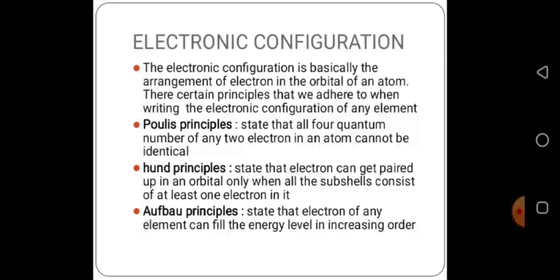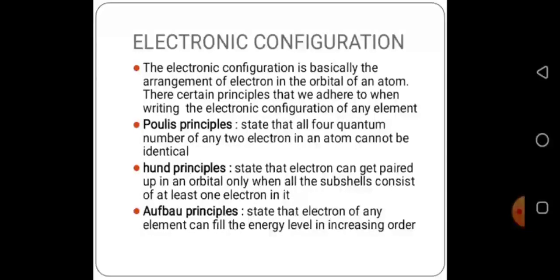while the p orbital accommodates 6 electrons. We have 2px, 2py, and 2pz. So 2px accommodates 2, py accommodates 2, pz accommodates 2.